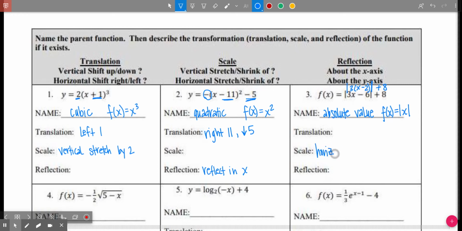That's a horizontal shrink by a factor of 1/3, because if you're shrinking, it needs to reflect the fact that it's getting smaller. Remember, horizontals are opposite. So even though it says 3, we're shrinking by 1/3. My translation, this -2 means that I have shifted right 2 units, and my +8 means I have shifted up 8 units.